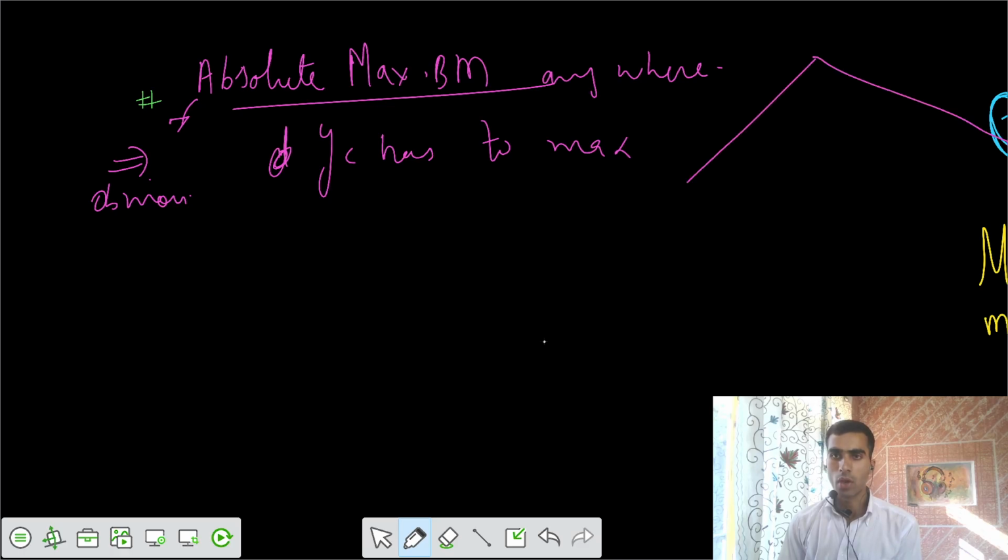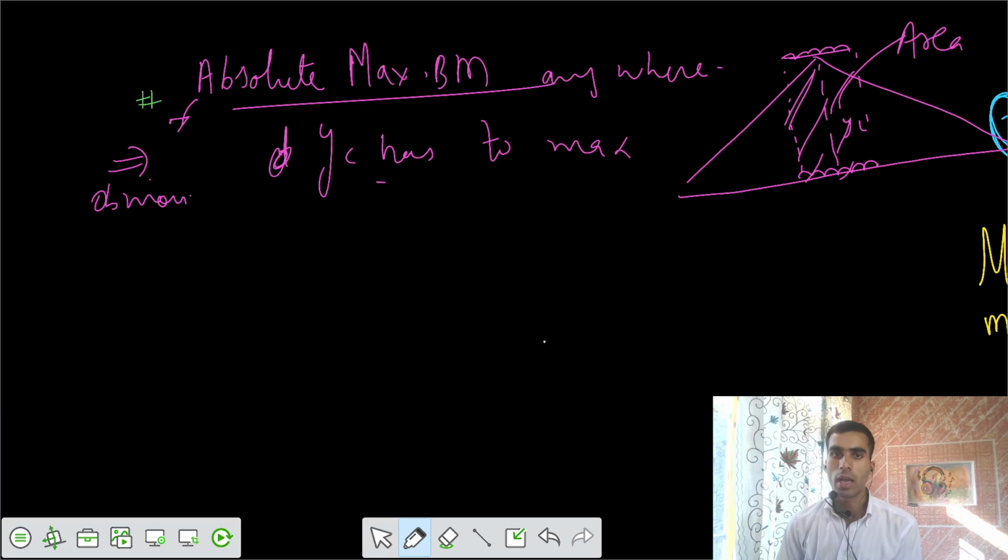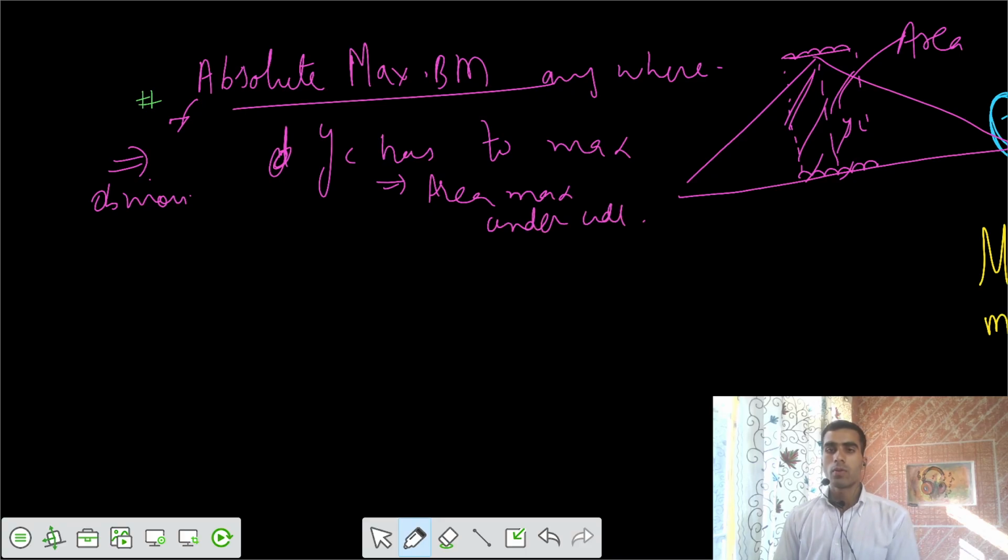That means you take a section such that on this YC you have the maximum ordinate, and accordingly you have the area under that UDL, so there is a chance that this area is maximum. Which implies the area under the UDL would be maximum. So I have to maximize that YC.